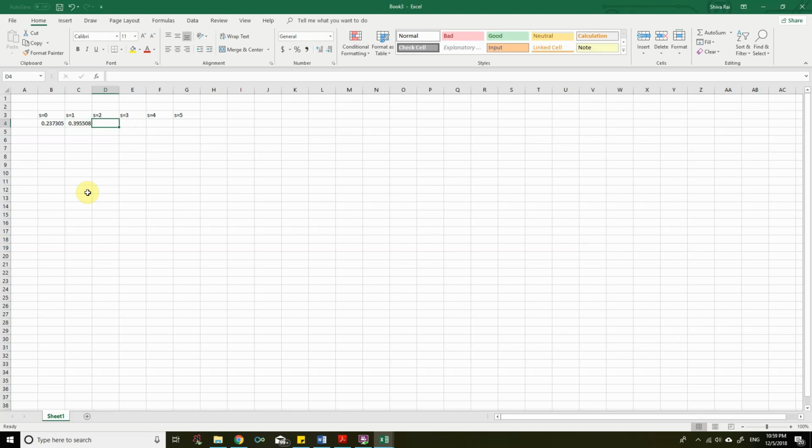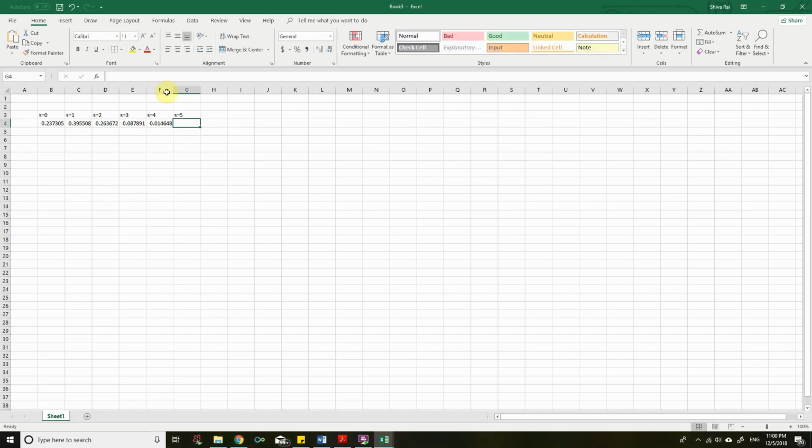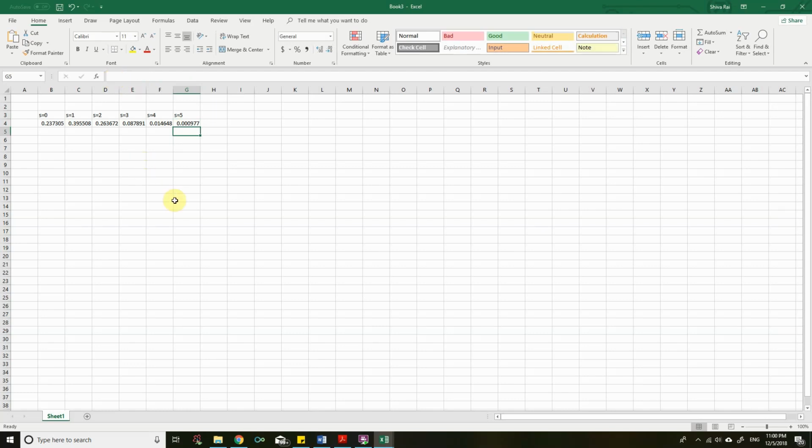Success 2 is equals BINOM.DIST, number of successes 2, trials 5, 1/4 is the probability, and cumulative is FALSE. Okay, so that's it. Then for success 5, equals BINOM.DIST with success 5. I have done this for everything.